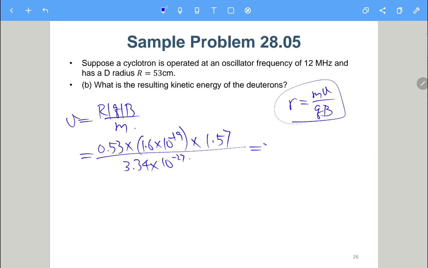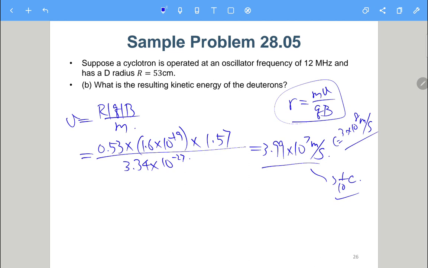This number is 3.99 times 10 to the 7 meters per second. This speed is quite fast, more than a tenth of the speed of light. I suppose you know the speed of light is 3 times 10 to the 8th power meters per second.